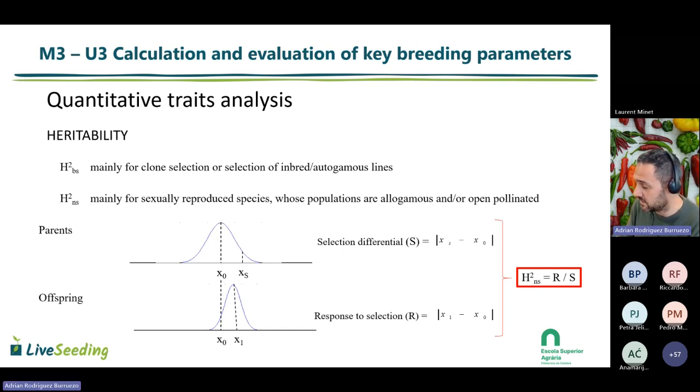When you are evaluating several clones and you will perform a multiplication of those clones which will be selected for the next year, imagine you are evaluating 10 clones. Replicate it 10 times, so 10 clonal replicates of each clonal variety. And then on these 10 clones, you see that clone 3 and clone 5 are the best ones, okay?